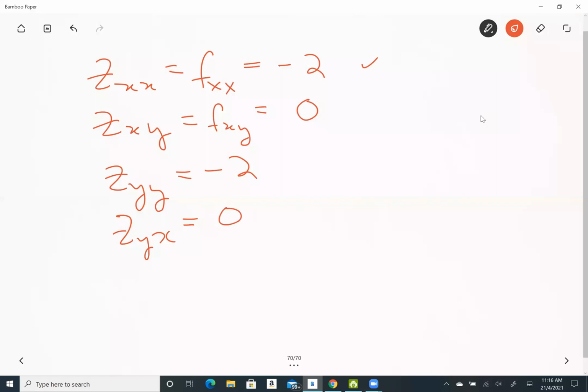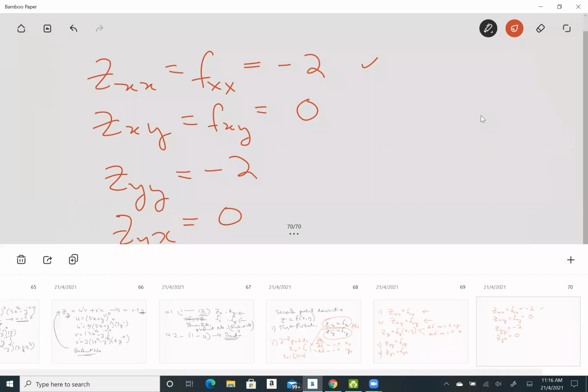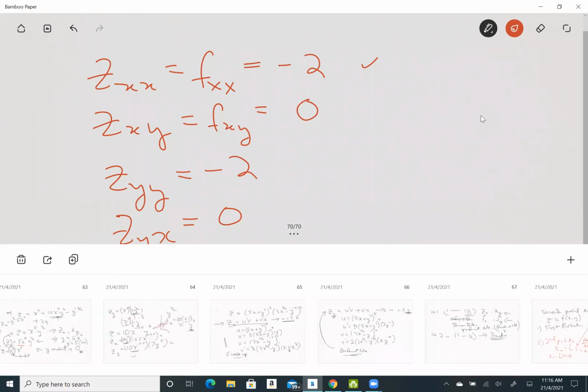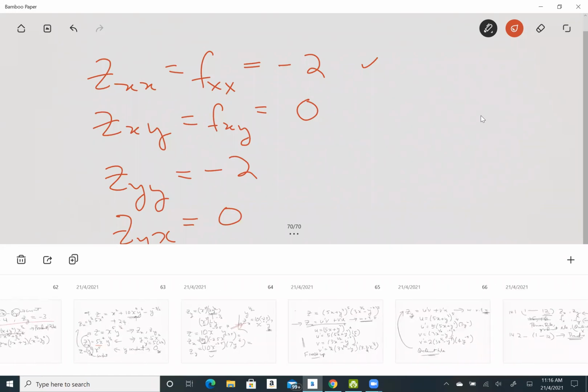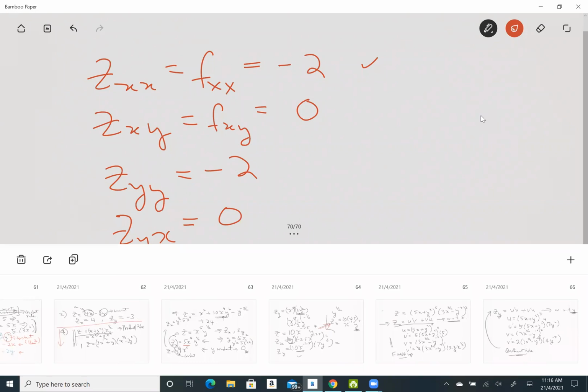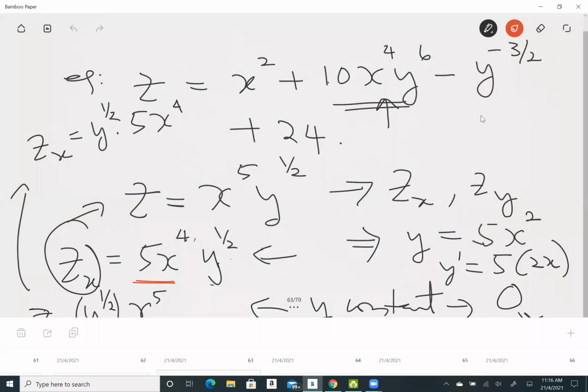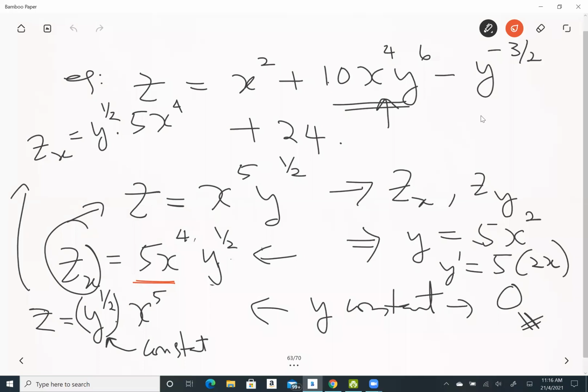Now we look at the second example. Let me see. What function do we consider just now? This one is difficult, let's find an easier one. Okay, so here, this is our second example.